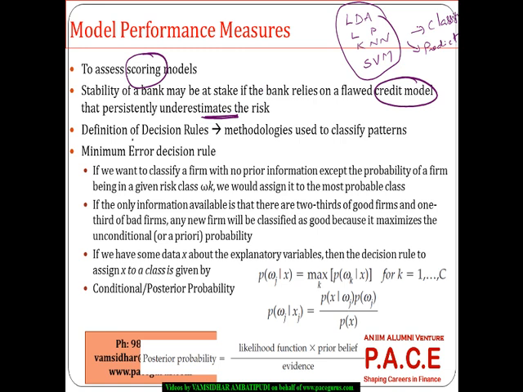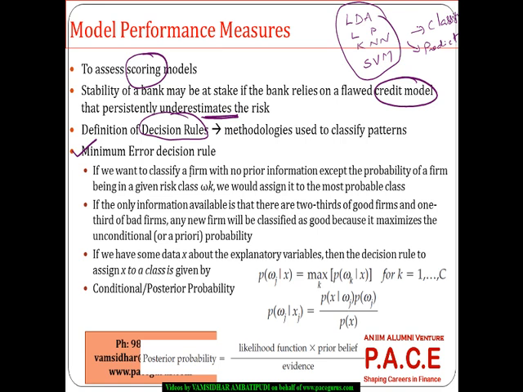So we really need better measures which can assess the performance of each of these models. And that is where we come out with different kinds of decision rules. I can talk about the minimum error decision rule. I want the classification to happen in such a way that the error is very, very minimal.